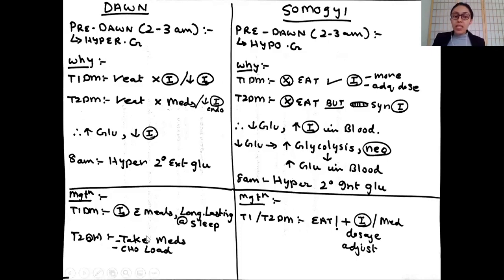So therefore, what would be the management? The management in dawn phenomenon for type 1 diabetes, as I said, it starts with less insulin. So the main thing over here is to manage the insulin and the food ratio. So firstly, eat a sufficient amount, not less.